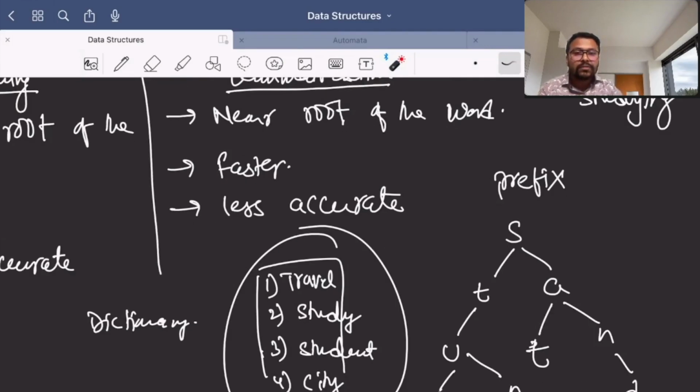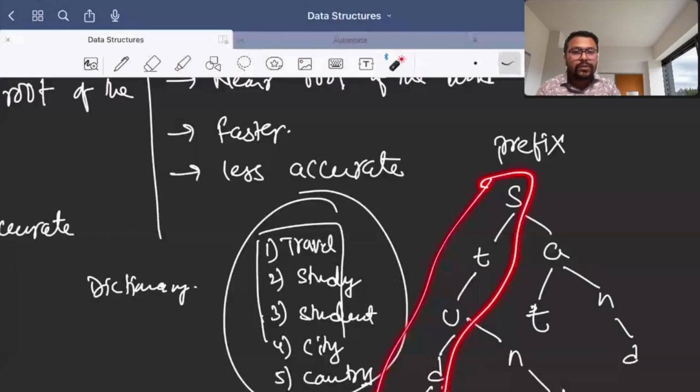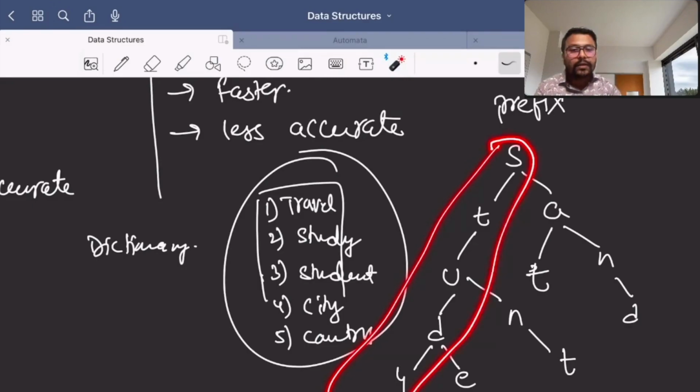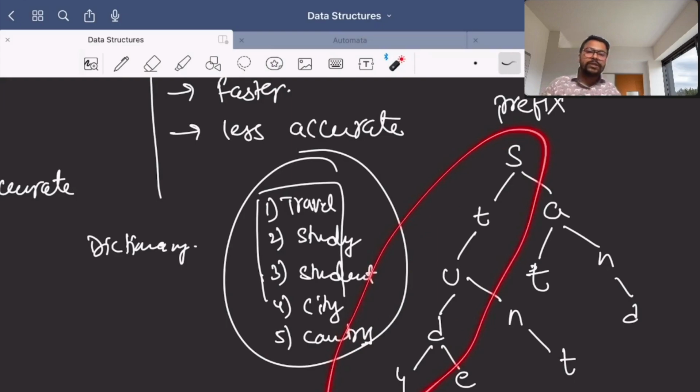So the chances of getting study as the word are less. Let's assume there is some word in our dictionary which has I and A also. Our studying is matching with this most, although this word is different, so it will give us this particular word instead of study.